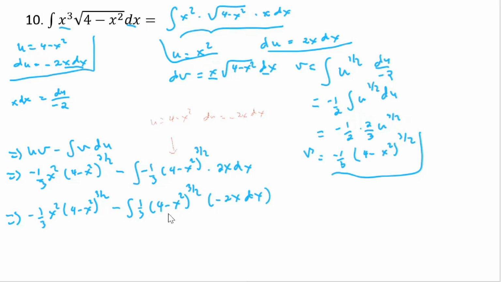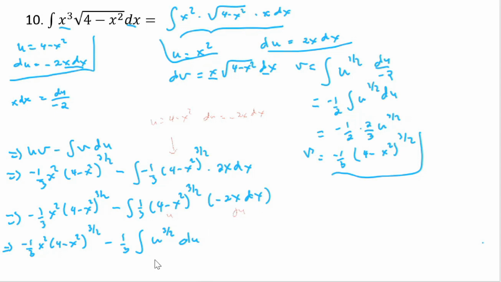So in this case, this is now our u and this is our du. So rewriting the given now in terms of u and du, I'll rewrite first the first term, the negative 1/3 of x squared times 4 minus x squared to the power of 3 halves minus 1/3 the integral of u raised to 3 halves. The meaning of negative 2x dx is for du.